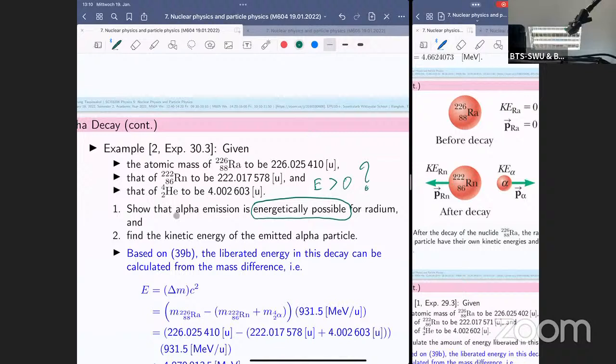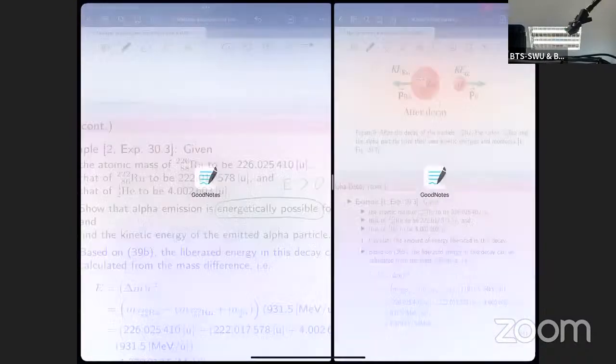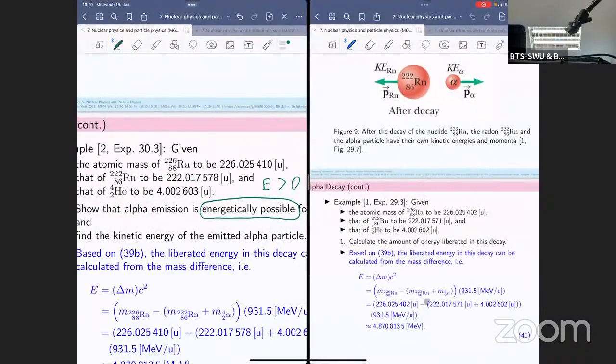Of course, the first part is to show whether the liberated energy is greater than 0 or not. But this task has already been done in this example, and we used the value from the source, book number 1, which is a little bit different.